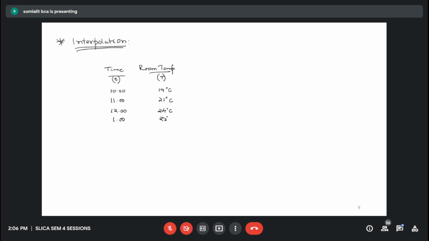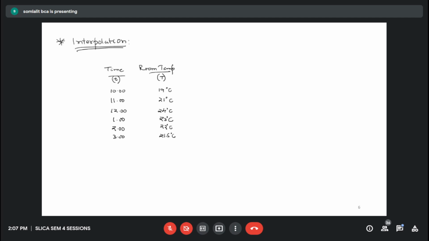At 2 o'clock, 22 degrees Celsius. At 3 o'clock, 21.5 degrees Celsius, and so on. Okay, you are given a set of data here.